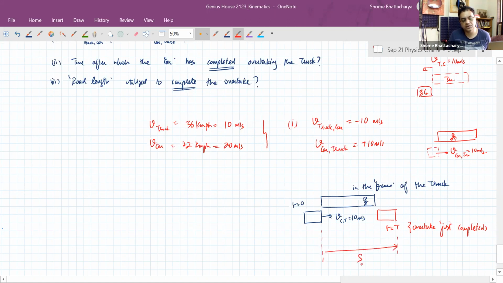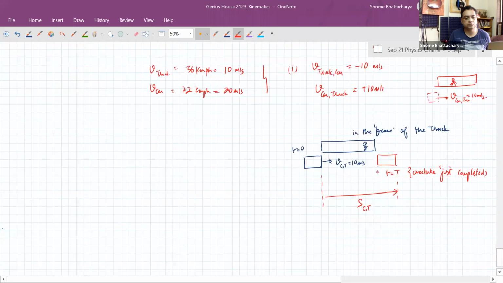This is the displacement of the car with respect to the truck. So you can see that that is equal to the length of the truck, 25 meters, plus the length of the car, 5 meters.